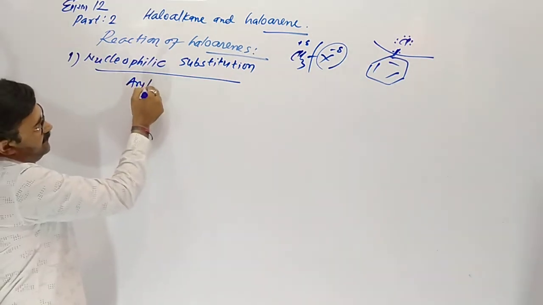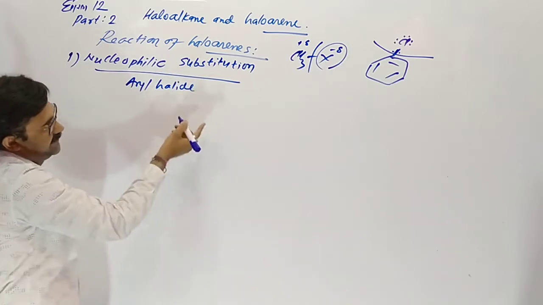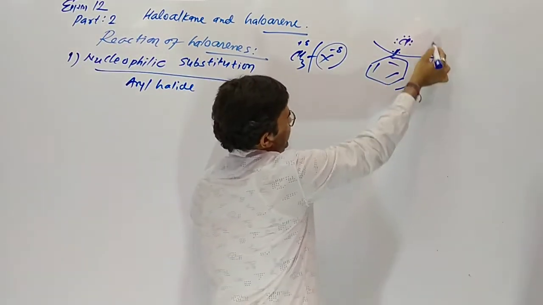Aryl halide means haloarene, halogen attached with a benzene ring.